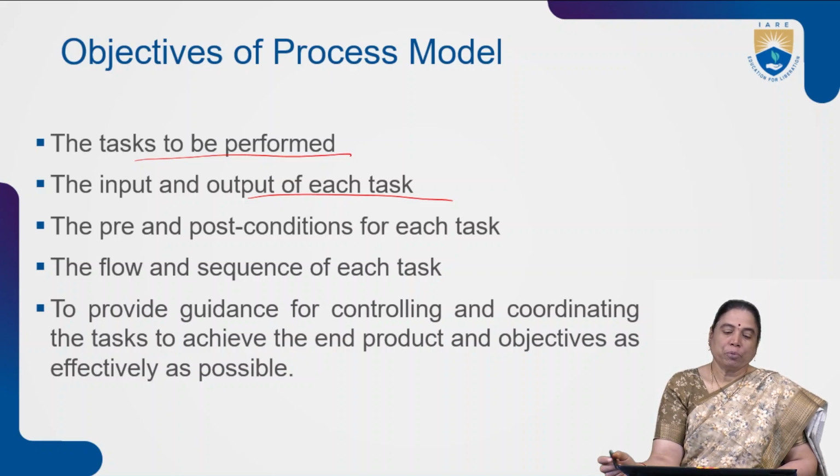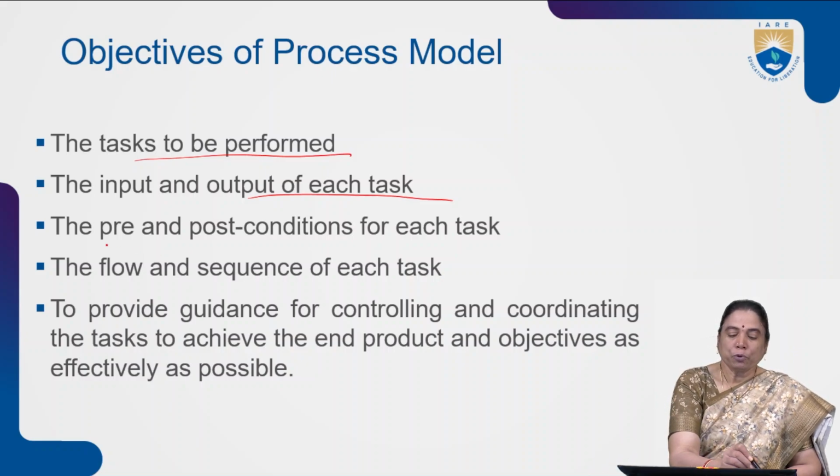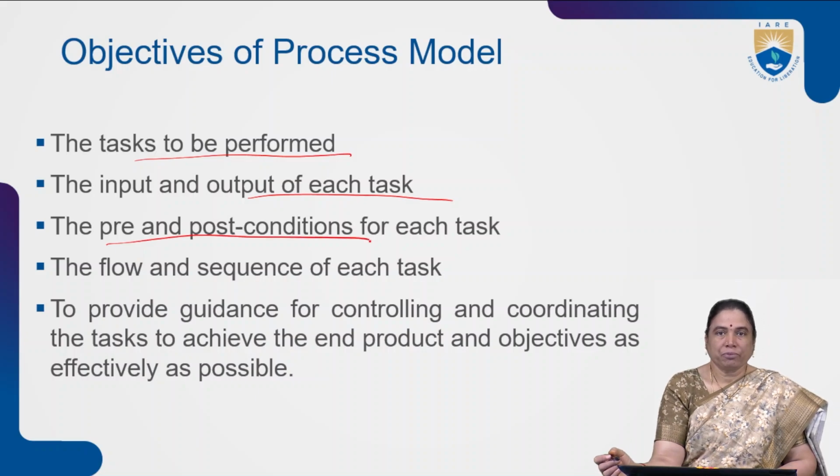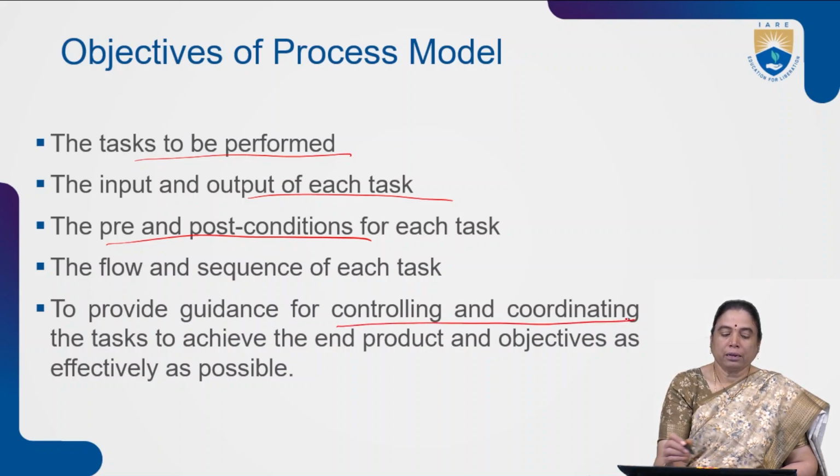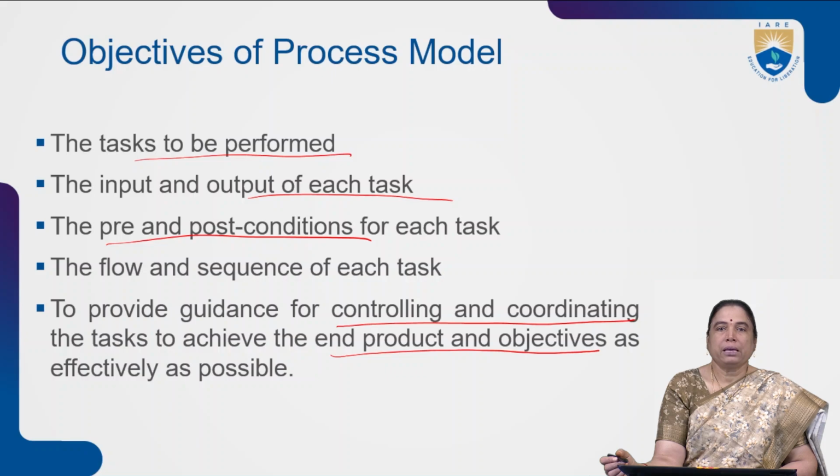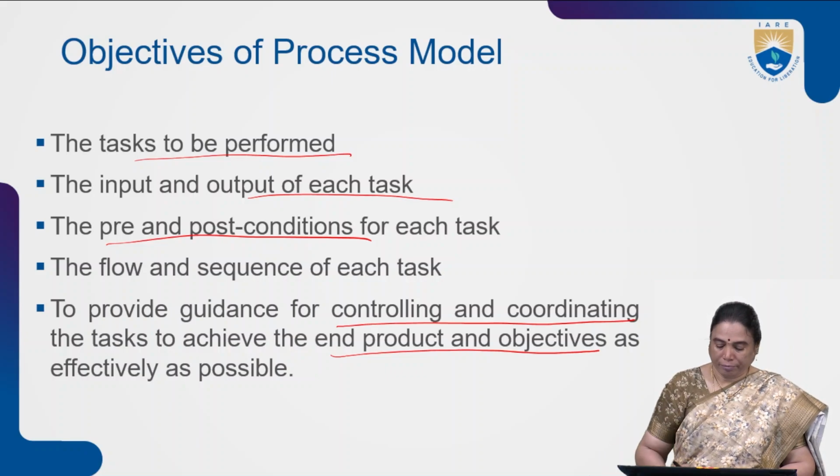Not only the input and output, the pre and post conditions for each task, and the flow and sequence of each task must be specified with the help of the process model, to provide guidance for controlling and coordinating the tasks to achieve the end products and objectives as effectively as possible.